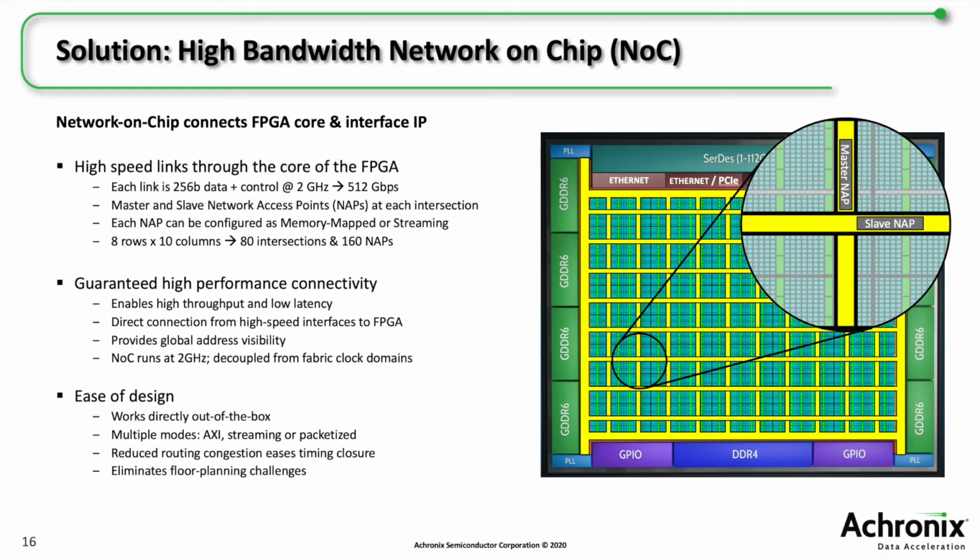This makes designs much, much easier because this network works directly out of the box. You can connect your logic and drive it with AXI streaming or packetized interfaces. And this means that you don't have congestion around the edge of the chip. We can deliver the data to you wherever your logic resides in the core, which significantly eases timing closure and eliminates floor planning challenges that you have in traditional FPGAs.